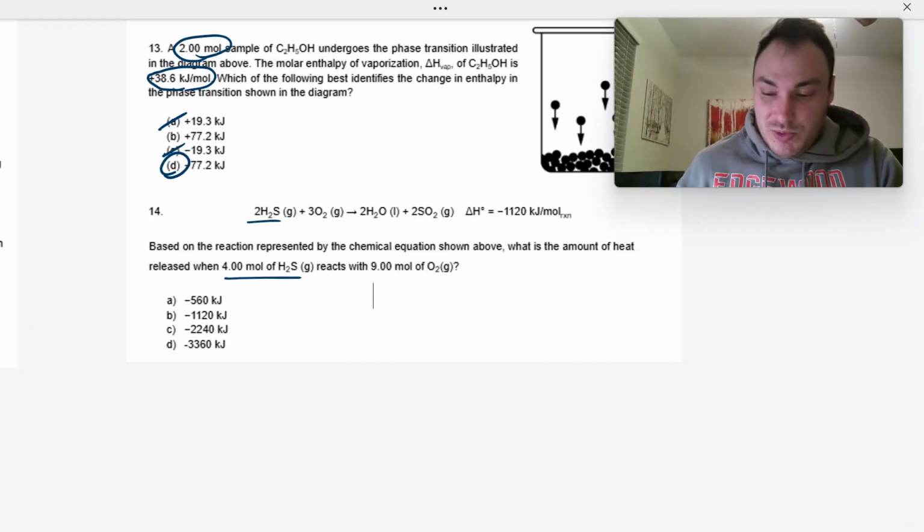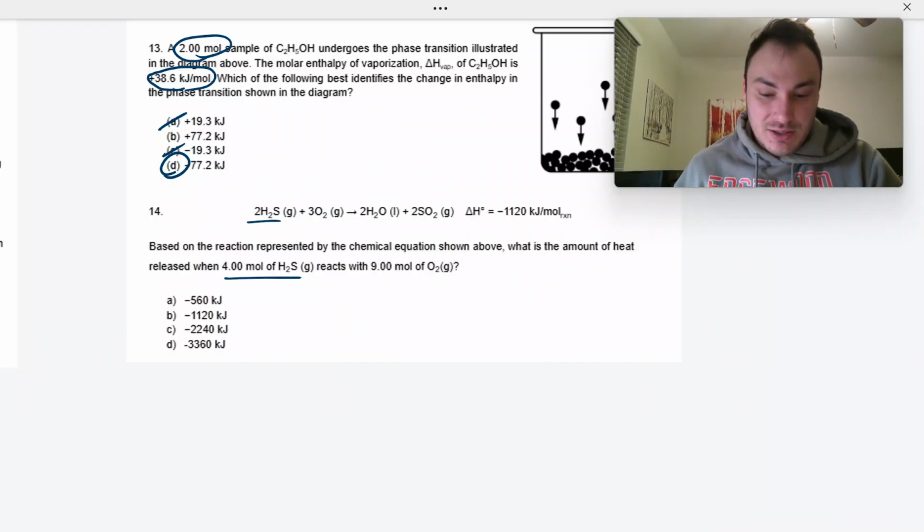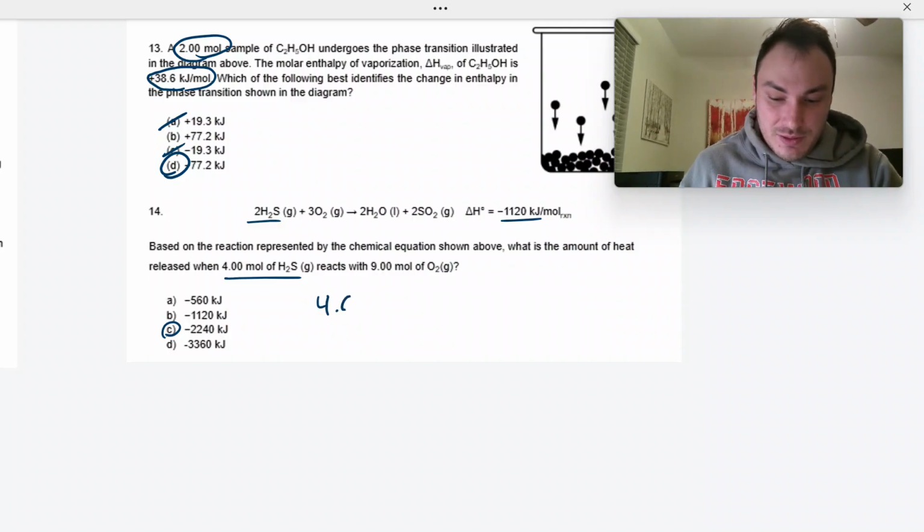So let's set up some stoichiometry to get how much kilojoules of heat 4 moles of H2S will release. It's going to be this one. It's going to be C. If 2 moles releases that many, then 4 moles is going to release twice that many. But just for fun, let's run through how the stoichiometry would look.